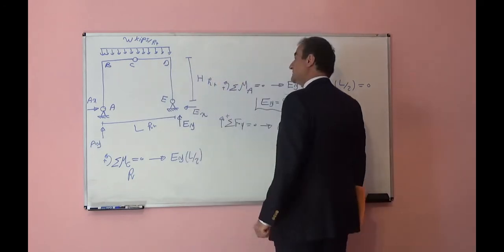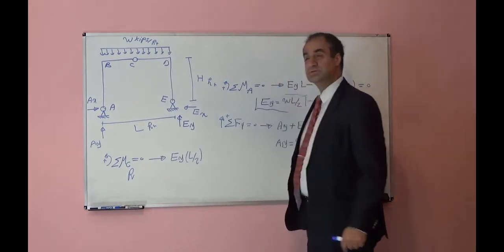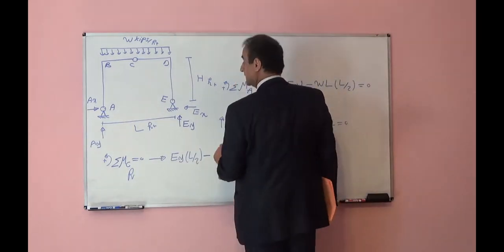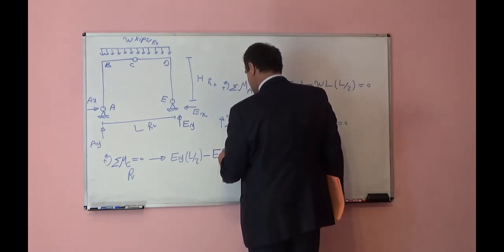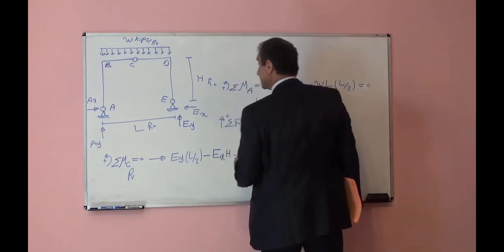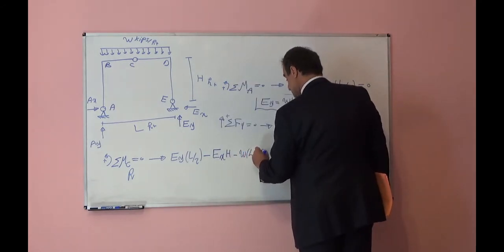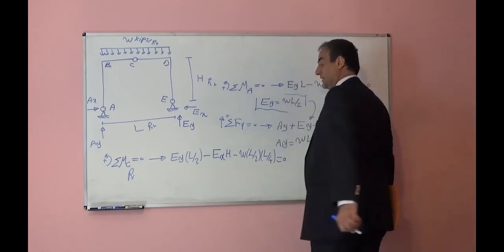I'm taking moment respect to hinge C, because here we have internal hinge and we know moment is equal to 0. Minus EX times H minus W times L over 2 times L over 4 is equal to 0.